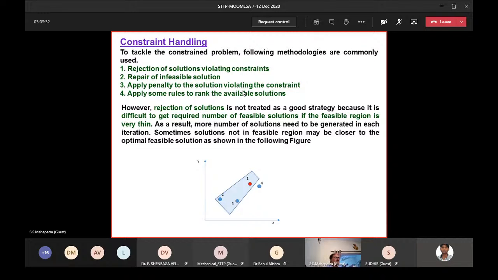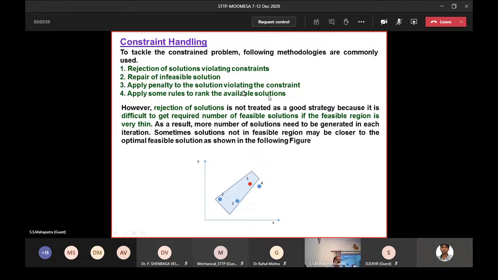So when this R is not equal to 0, we put a very large penalty in the objective function. This is the penalty for violating the constraint.